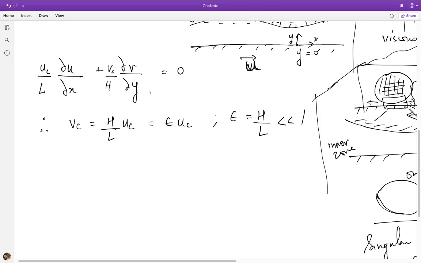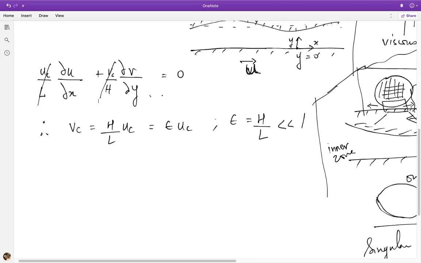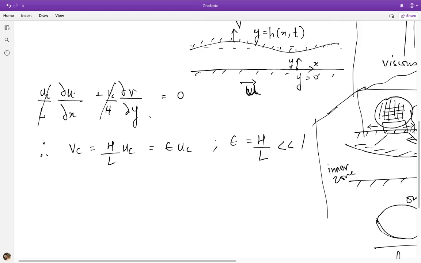Alright, so this choice of scales would then cause these terms to cancel off, giving us just ∂u/∂x plus ∂v/∂y equals 0. So at all points in the flow, the continuity equation has to hold in its full form. So you can already see that if there is a variation of the flow in the longitudinal direction, there will certainly be a vertical component of velocity to conserve mass. But we can also see that that vertical velocity component is going to be an order smaller than the horizontal component, which is a consequence of the long wave nature of the problem.